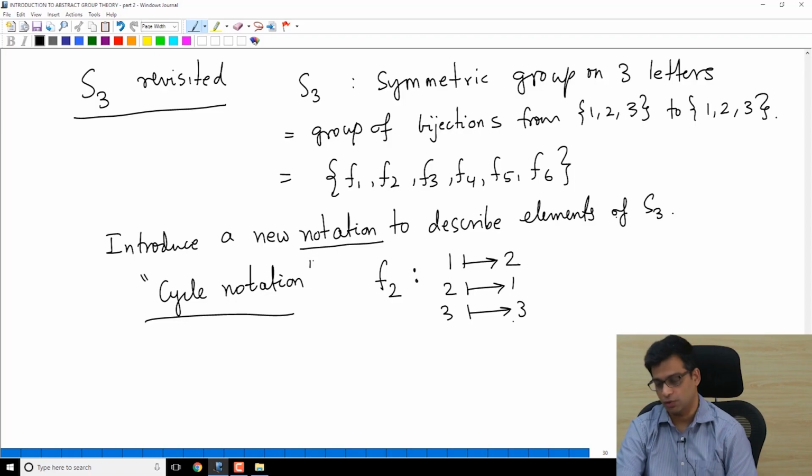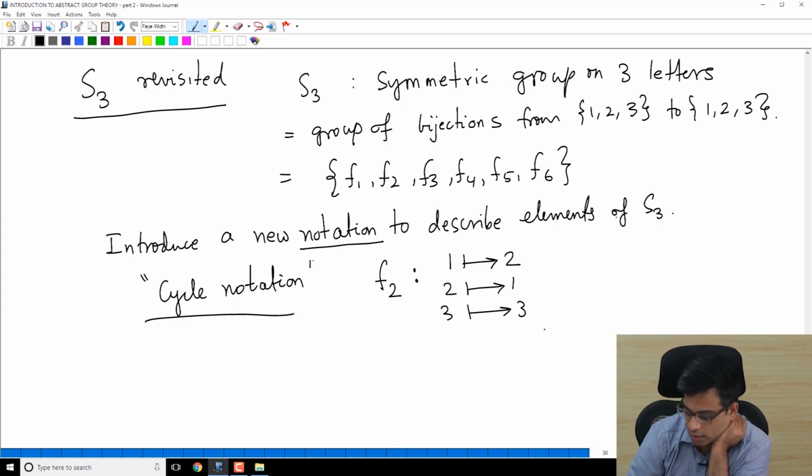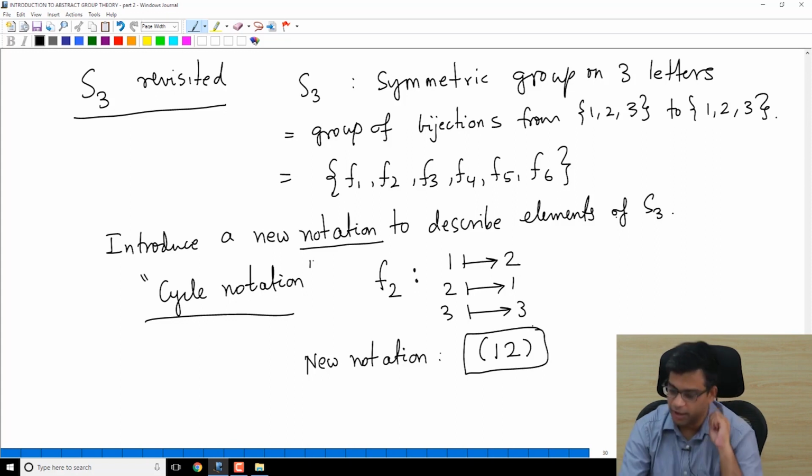For example, 3 goes to 3, so I would like not to mention that at all in my description. So in the new notation, let me write this as simply (1 2). So all my elements of S3 will be denoted by elements 1, 2, 3 within brackets.